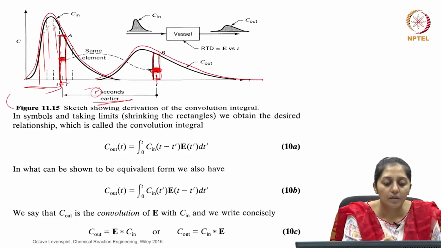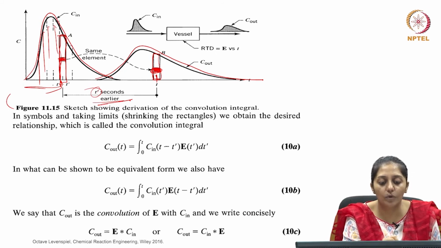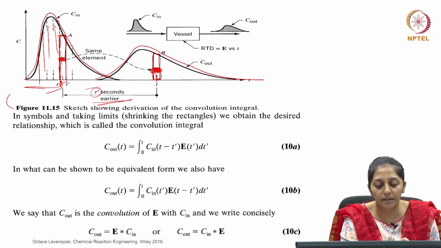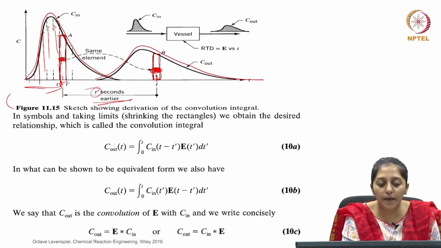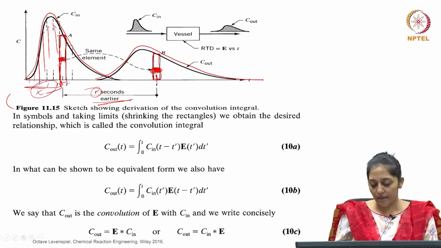So not all the tracer here is spending only t prime seconds in the reactor. So among all these rectangles, the fluid elements, we need to find the fraction of those tracers which have spent t prime seconds inside the reactor.